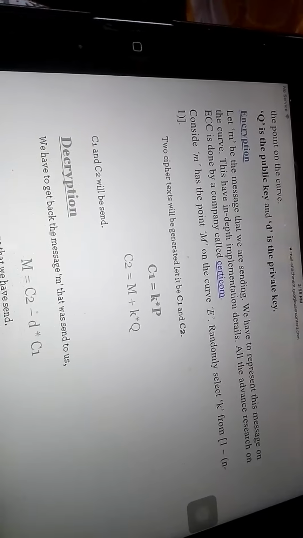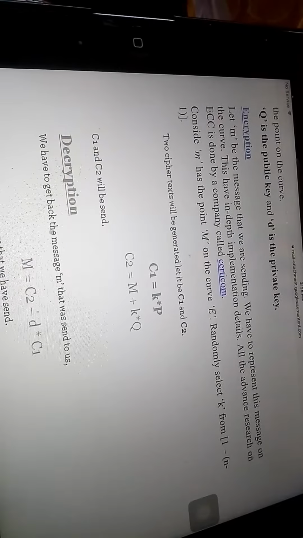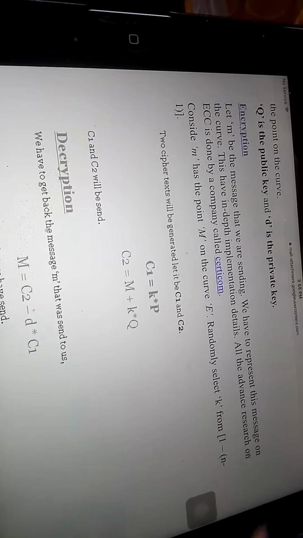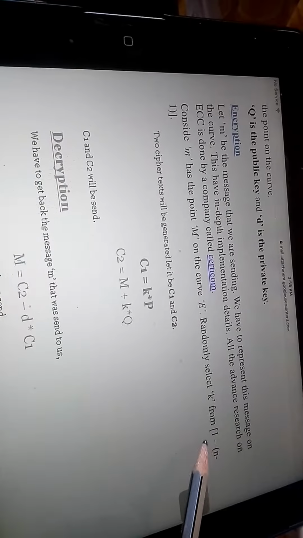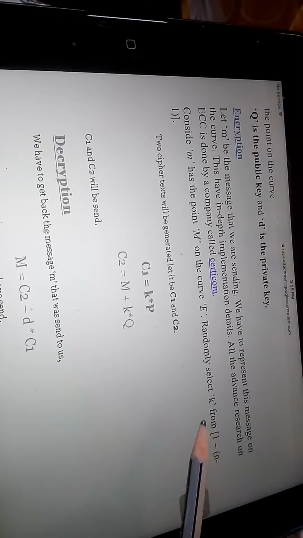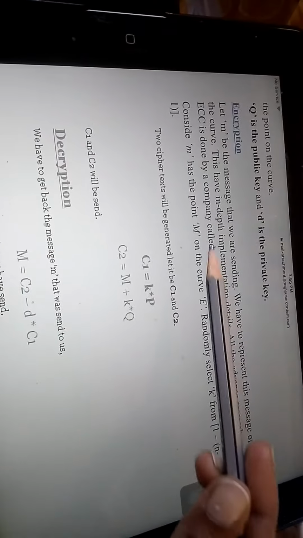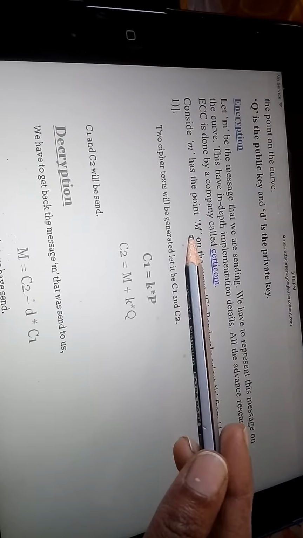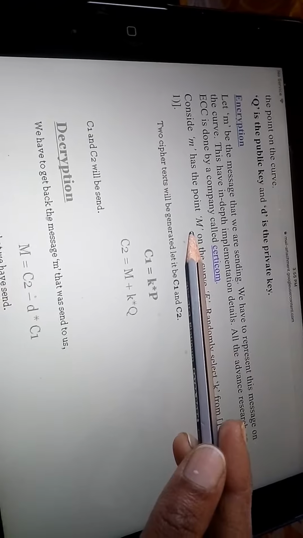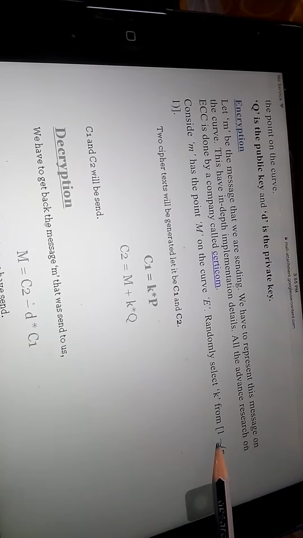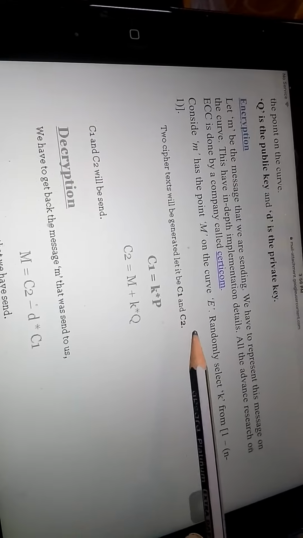Is that clear? And then we generate C2. For generating C2, we use the formula M plus K into Q, where M is your new point on the mapped curve, K is the randomly selected number within the range 1 to n minus 1, and Q is your public key.